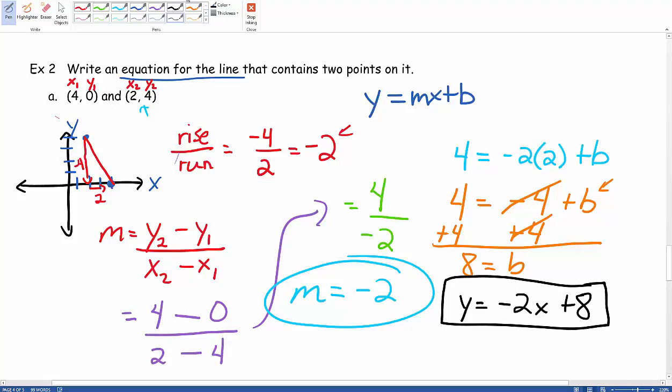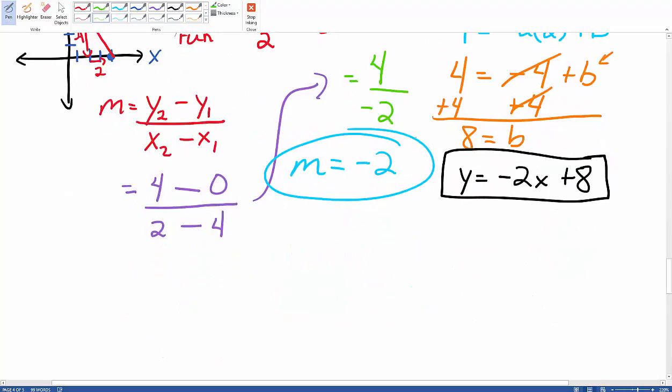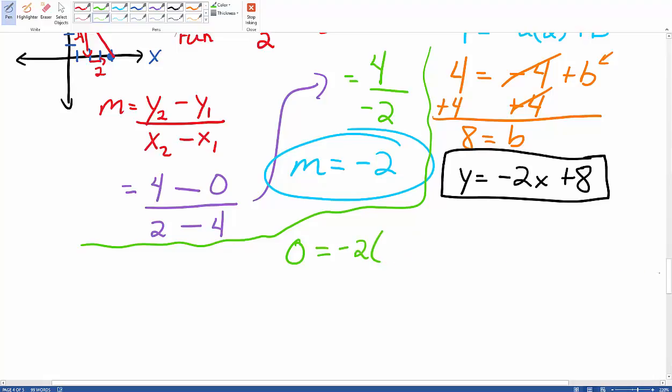Let's go ahead and, while we're here, prove that it's going to be the same line for this point, 4, 0. So plugging in our y value, 0: 0 equals our m, here he is, -2, times our x value.